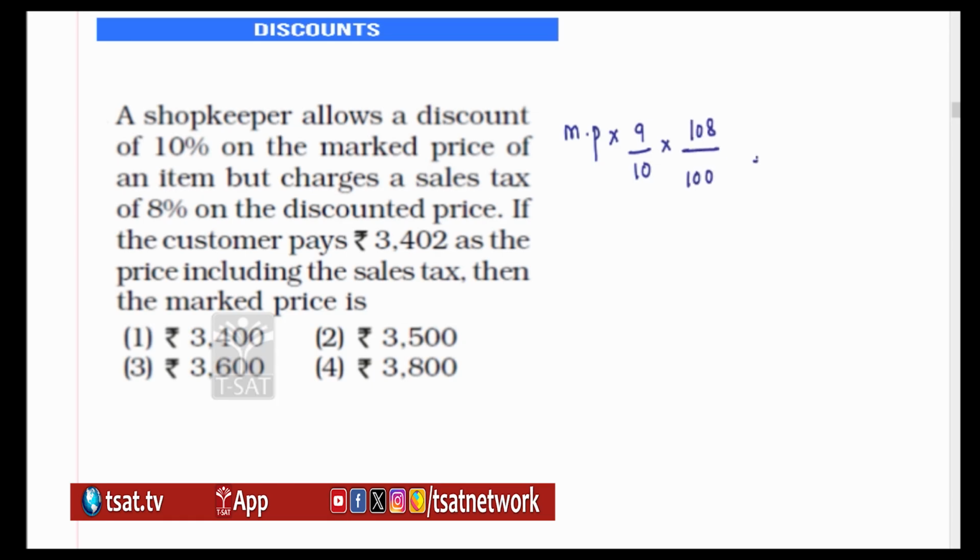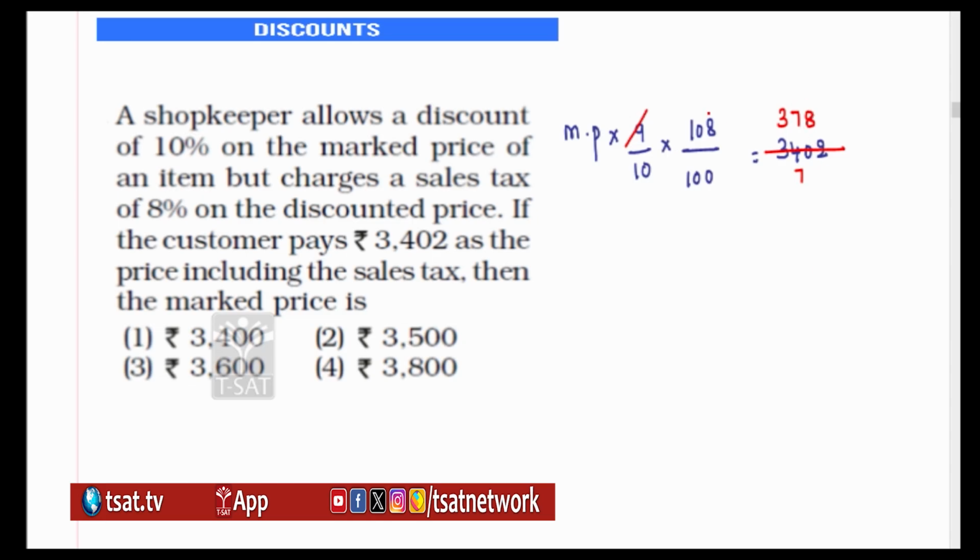is equal to 3402. Cancel it in the 9 table. 9 3s are 27. Therefore, how much is left? 4 plus 3, 7. 9 7s are 63. Again 9 8s are.